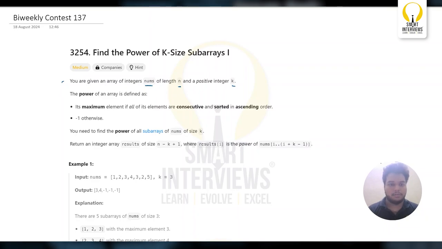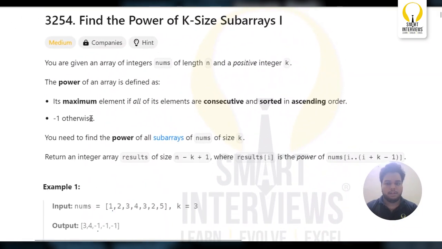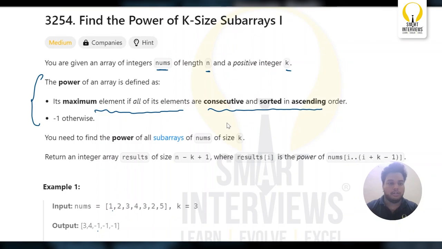Let's look into it. So basically you're given an array nums of size n and a positive integer k, and you're given one property, the power of an array, where the maximum element is the power of an array if the array is consecutive and sorted in ascending order, else the value is -1.